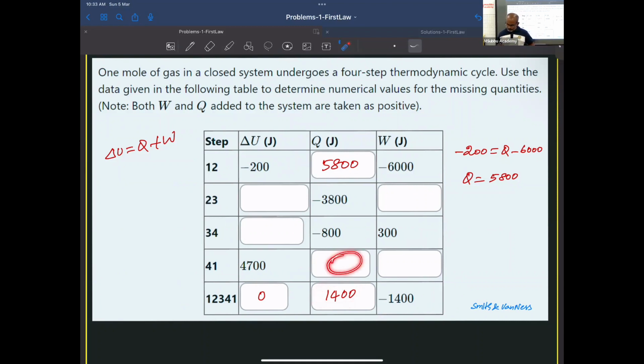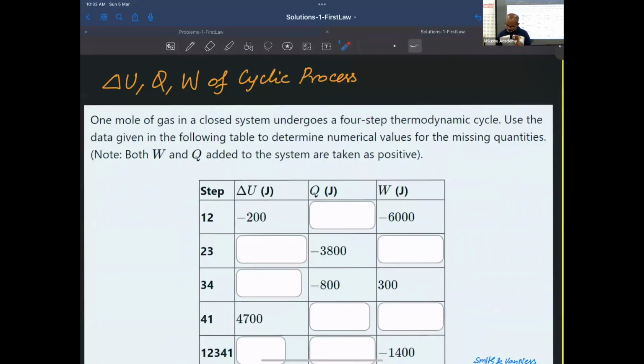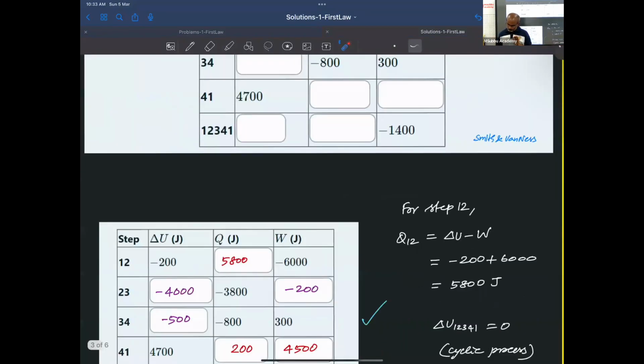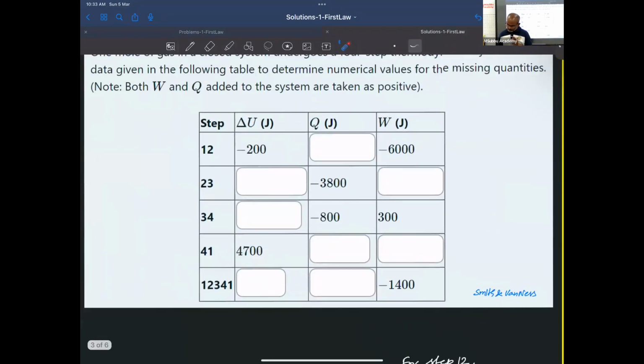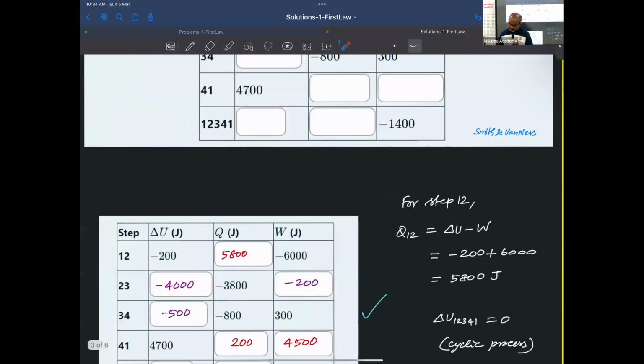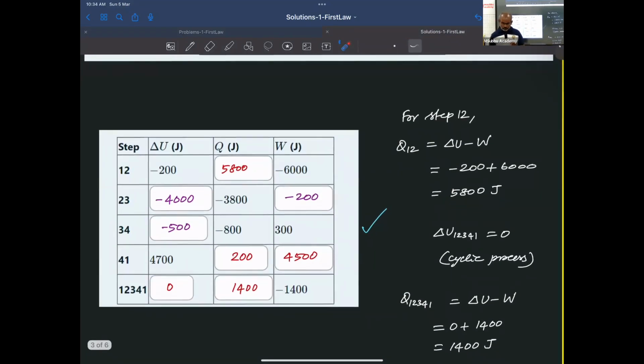Q for these 4 steps should equal the Q overall, so that way you can fill this value. Once this is available, this can be filled, and then you can fill everything. I will directly show you the solution so that you can take a snapshot of the question as well as the solution. Then you can do it yourself.